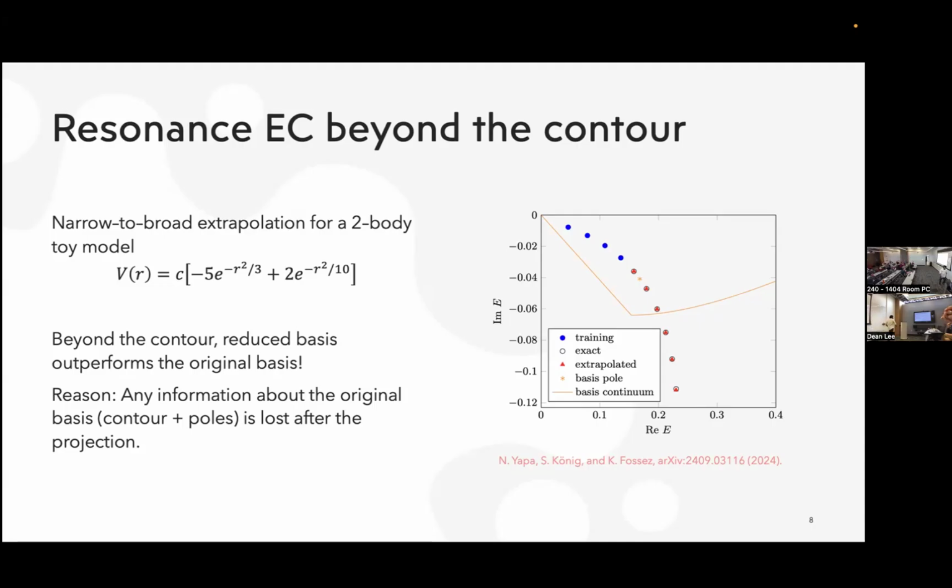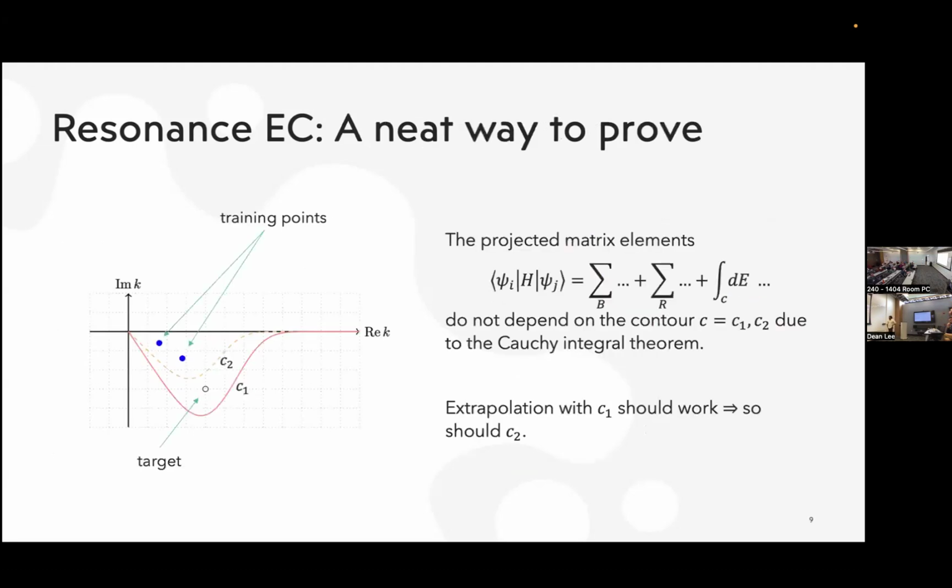So there's a very neat way to prove that this works. If you just consider this contour given by C1, and let's say you are doing EC training over here, and you try to extrapolate this. There's no reason to say that this wouldn't work. This is about the contour C1.